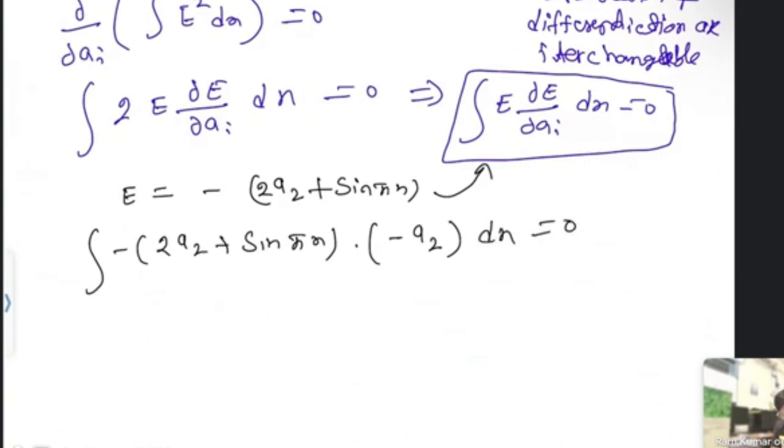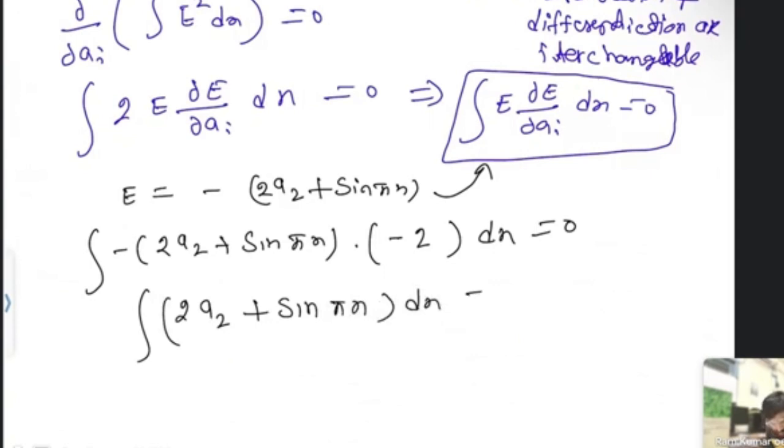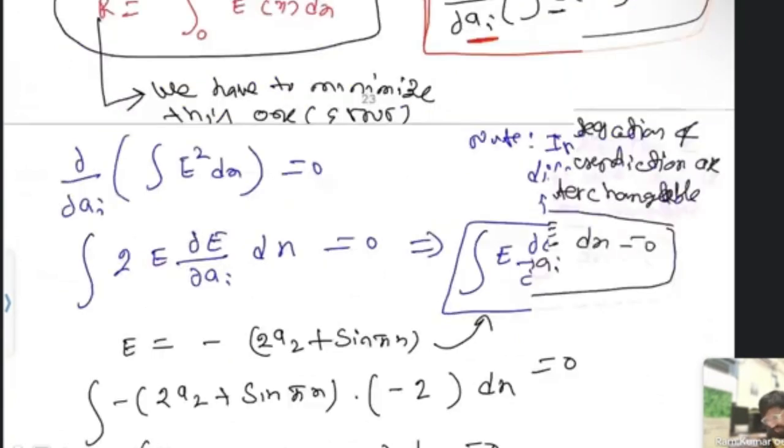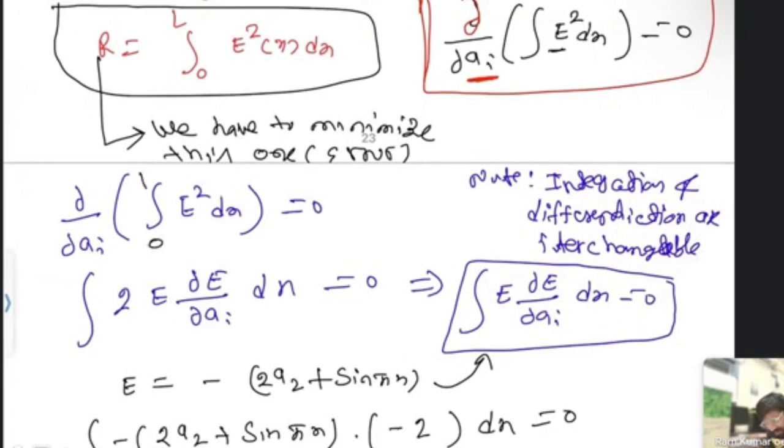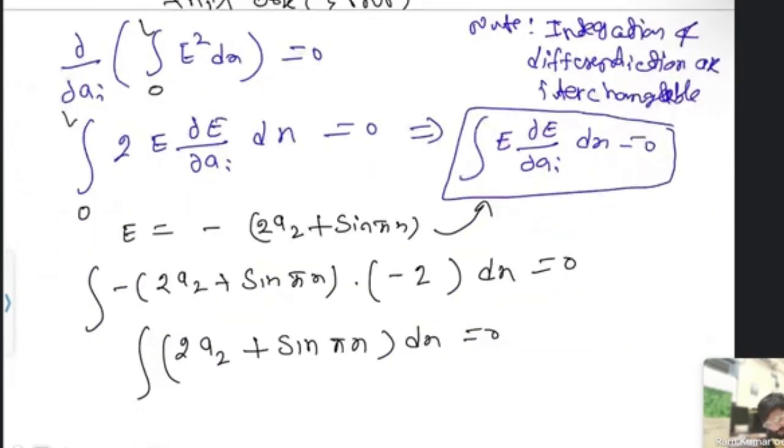It will not be 2, it will be minus 2 only. Then minus 2 will go to that side, so it will become integration of 2a2 plus sin pi x dx equal to 0. And we already have the limit, so I just forgot to put the limit here, 0 to L.